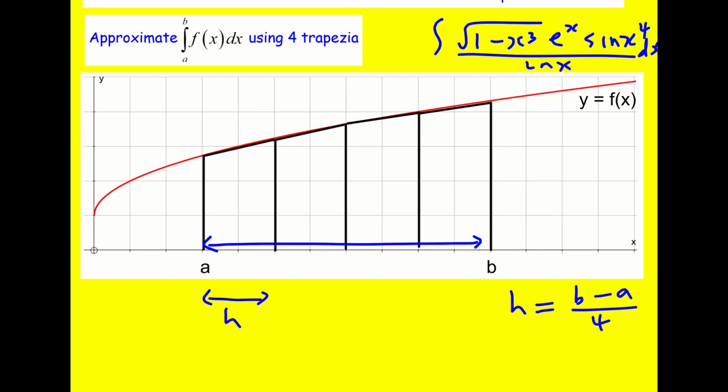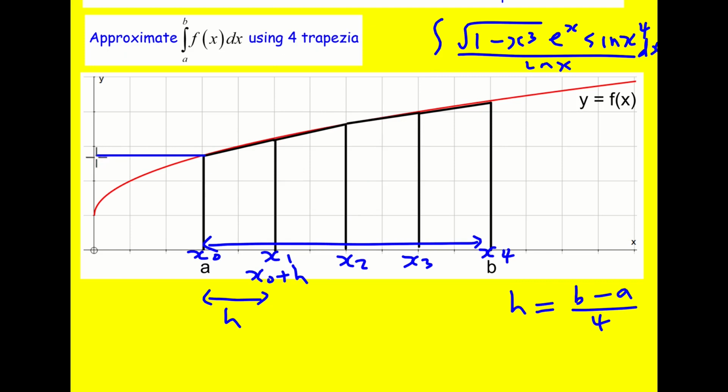Okay, next point. If I know my starting value, I'm actually going to call that x0. My next value is going to be x1, and that will simply be x0 plus h. So I can generate all of my x values by just adding h onto them. I'm going to call them x0, x1, x2, x3, and x4. That's the standard notation used. And then to go with that are going to be some values of y.